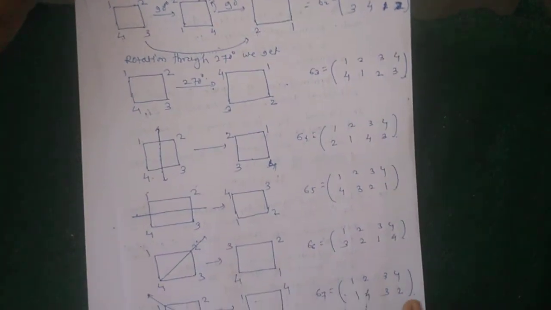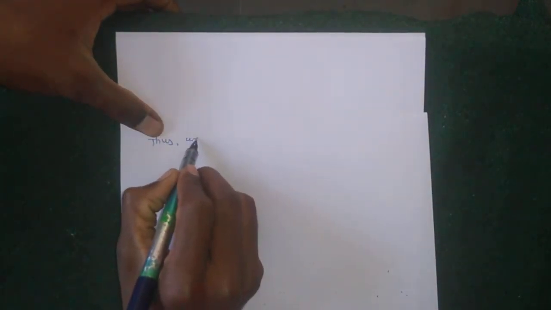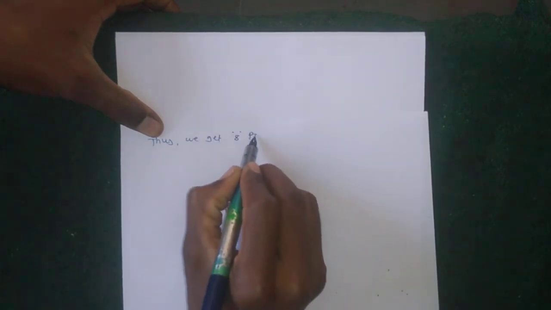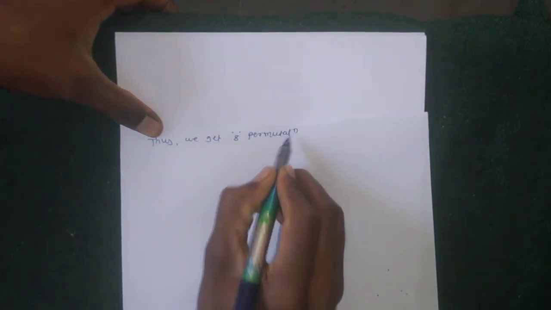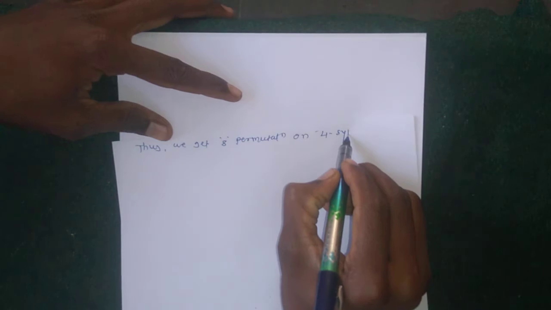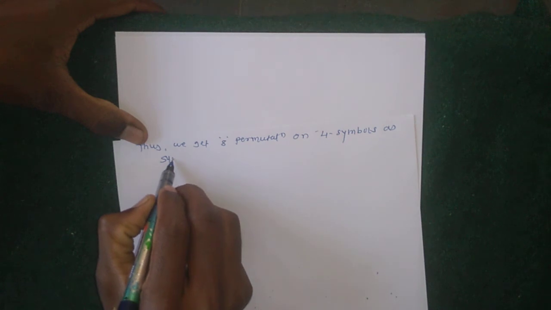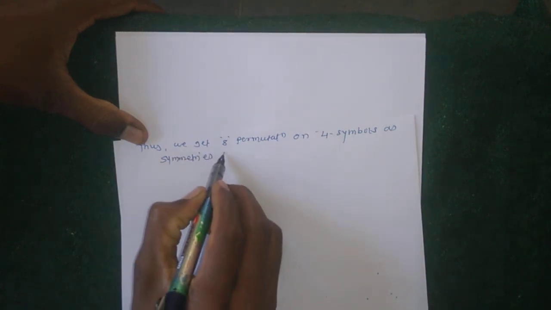These permutations are contained in D4. Thus we get 8 permutations on the 4 symbols, as the symmetries of the square.